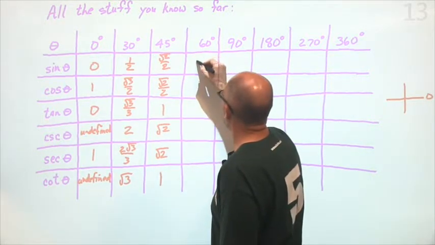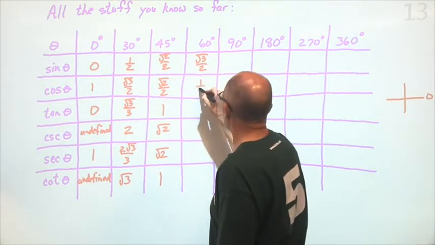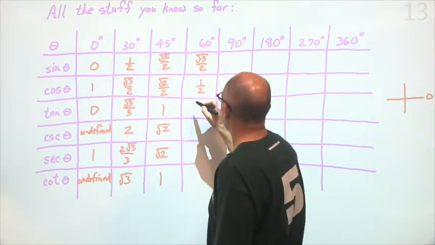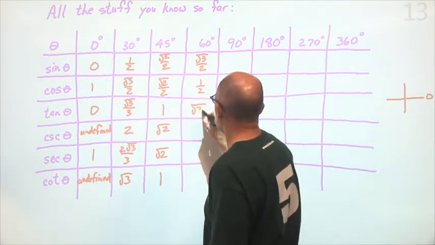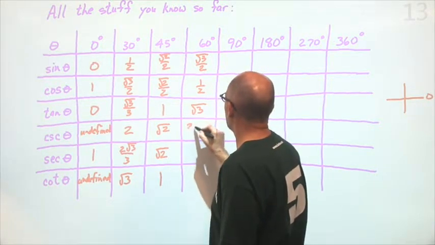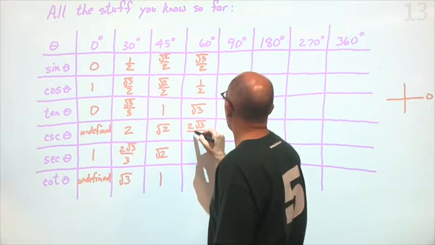Okay, sine of 60, square root of 3 over 2. Cosine of 60, 1/2. Tangent of 60 is square root of 3 over 1. Cosecant of 60 is 2 square root of 3 over 3.